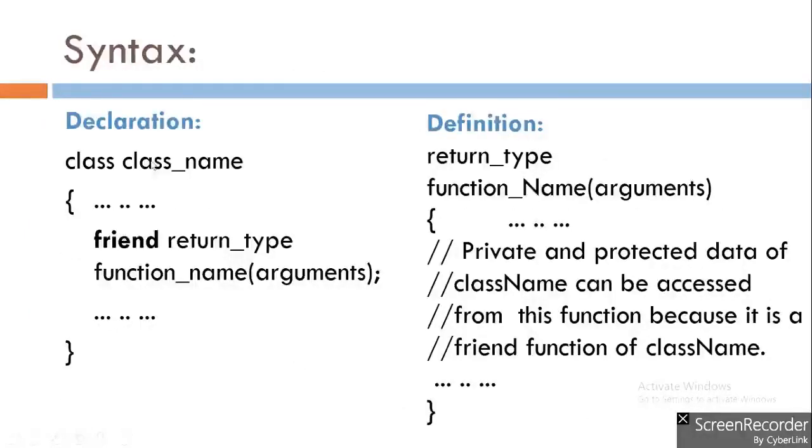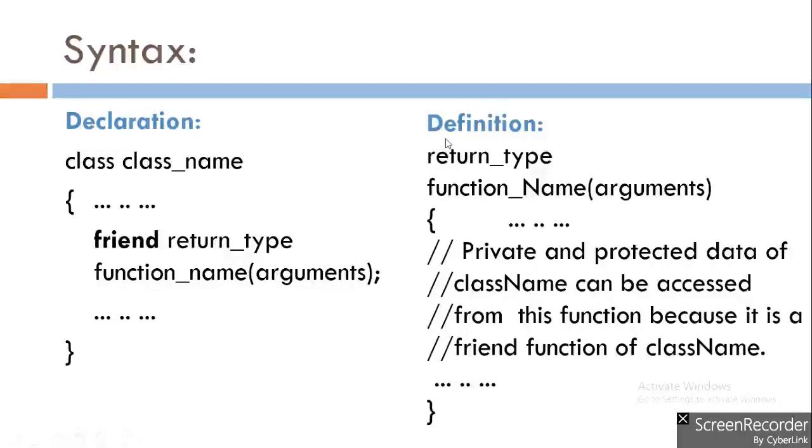See, the syntax to declare a friend function is here friend, then return type, function name and argument. That means particular function will be declared as a normal member function starting with keyword friend.